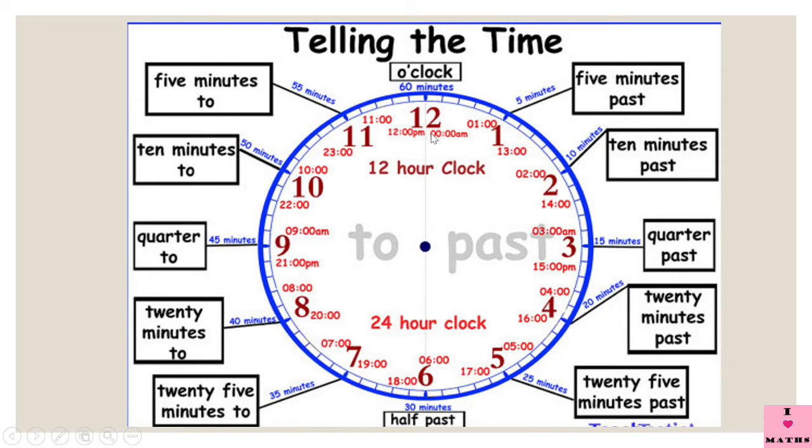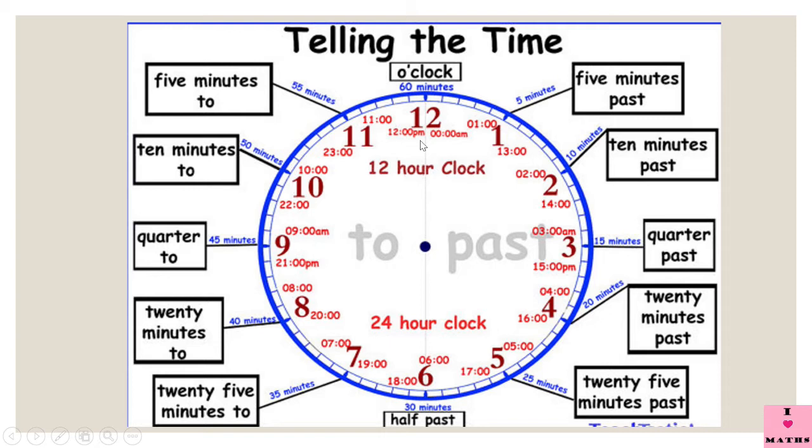Since the day starts at 12 midnight, 12 midnight in 24-hour clock is written as 0000 hours, or it can also be written as 2400 hours.